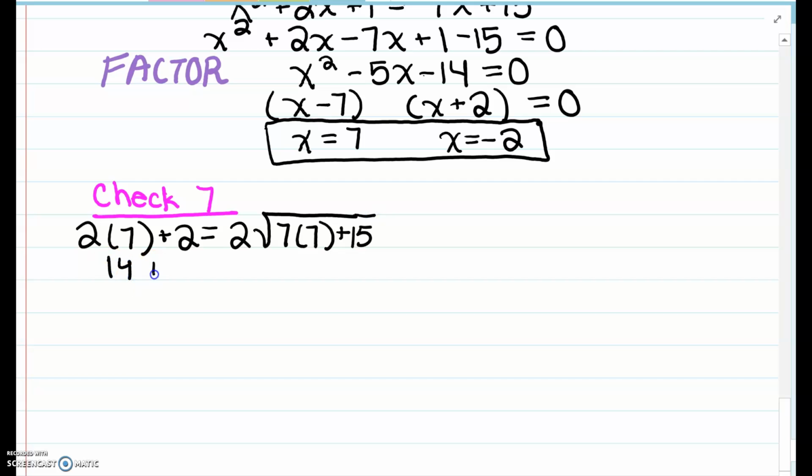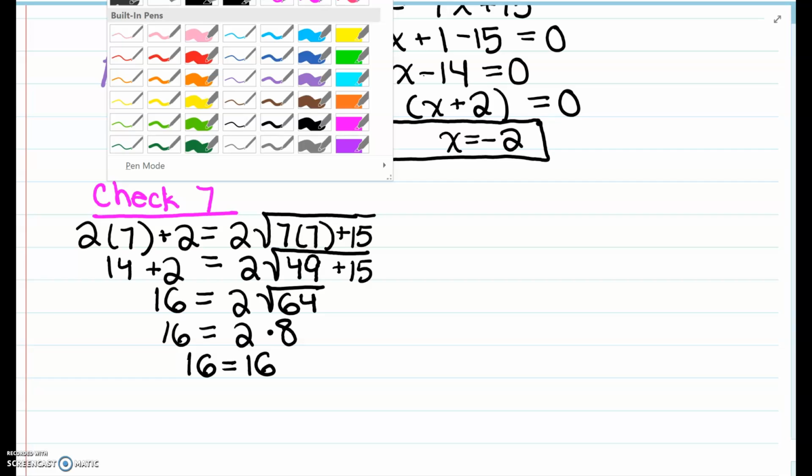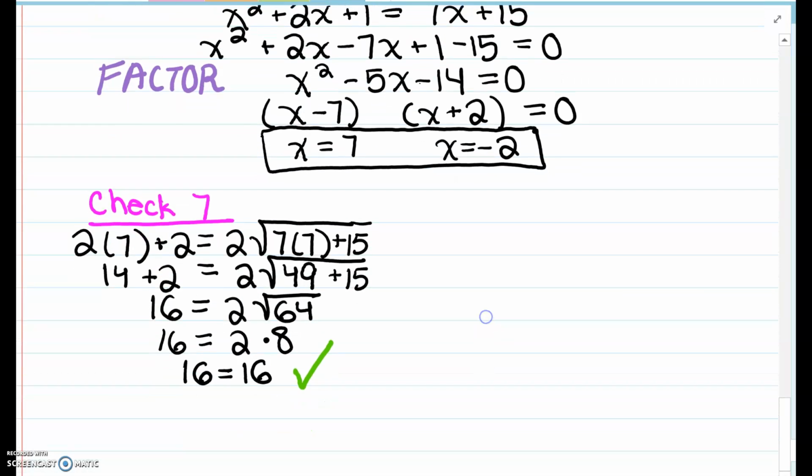We get 14 plus 2 equals 2 radical 49 plus 15. 16 equals 2 radical 64. 16 equals 2 times 8. 16 equals 16. And this, in fact, is true. So 7 does satisfy the original equation.